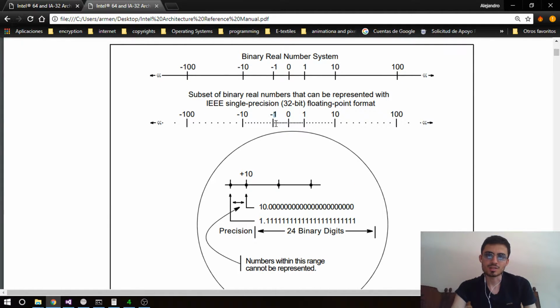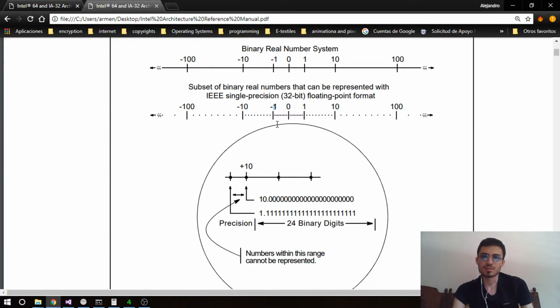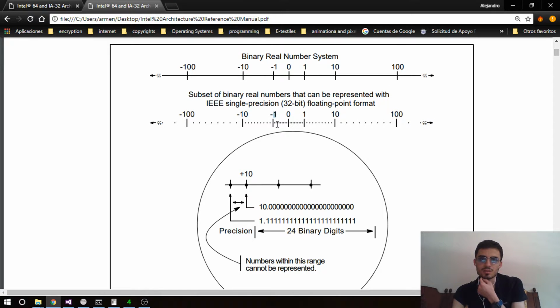Basically, these are the normalized values. So that's the reason why they always have this normalized thing, I guess. The floating point format is there to work for normalized things. And here you go.